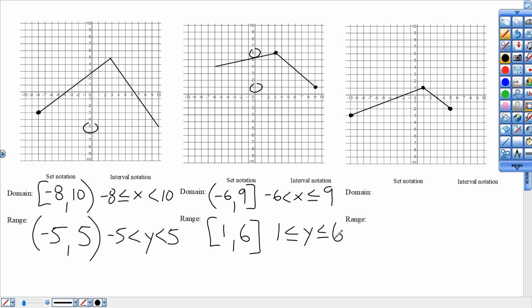This guy, domain, goes from square bracket -10 square bracket because of that dot, comma 5, another square bracket. Interval notation, -10 less than or equal to x less than or equal to 5.